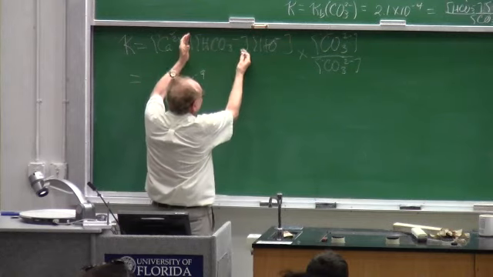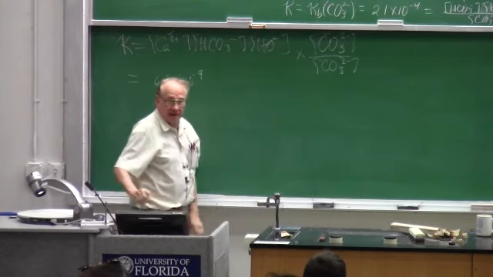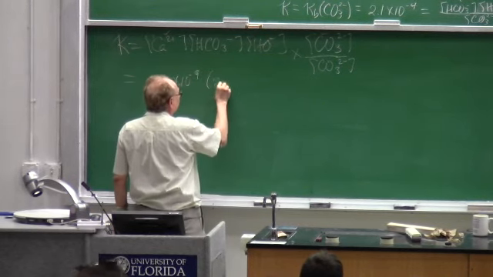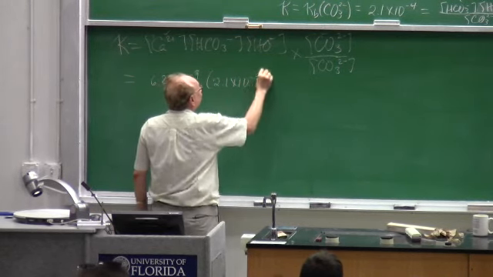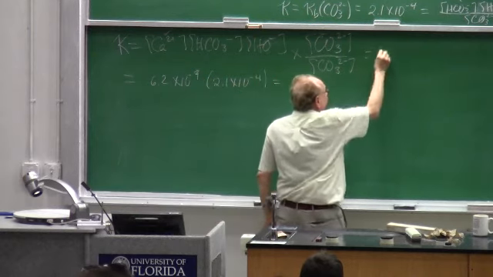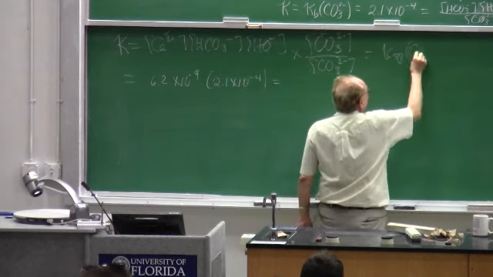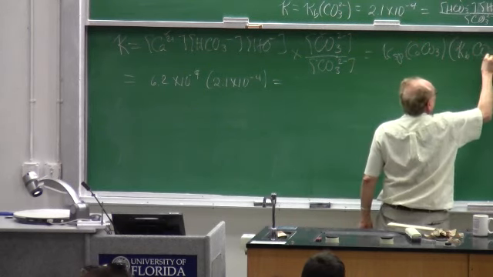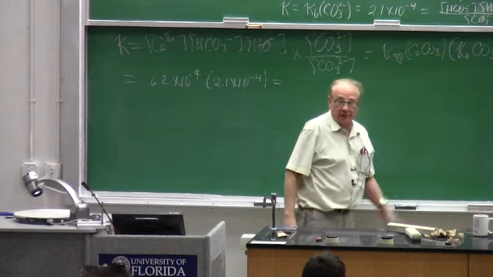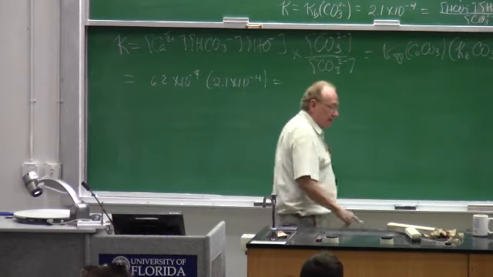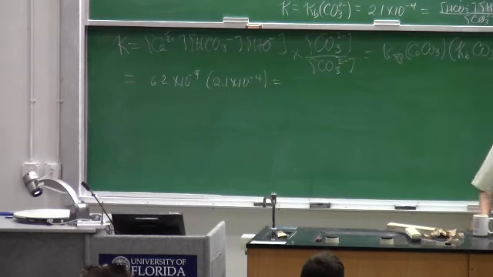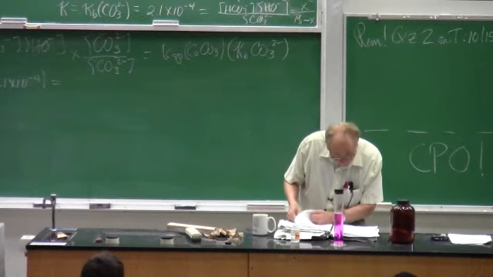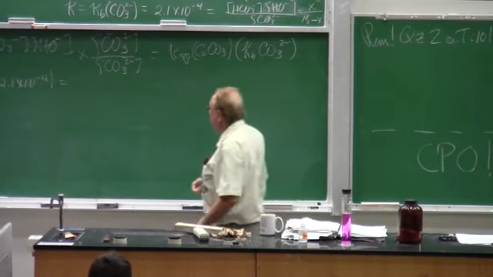And the remaining terms, bicarbonate times hydroxide divided by carbonate, that's Kb for carbonate. All I got to do now is put in the numbers, and I crank. I think something on the order of 10 to the minus 12, 1.3 times 10 to the minus 12.